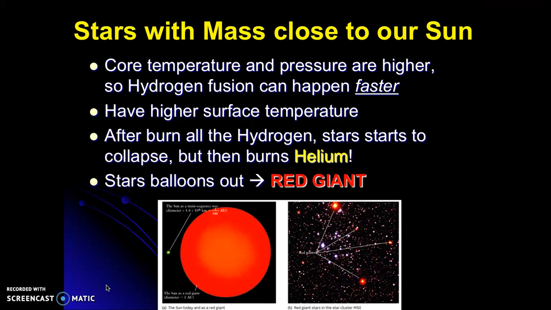Okay, so let's go back to stars with a mass close to our sun. How do they evolve after the main sequence? Once the core temperature and pressure increase, they continue to burn hydrogen until all that runs out. And that core then collapses, right? Because there's no more nuclear fusion pushing outward. This actually causes some of the hydrogen fusion to happen faster.